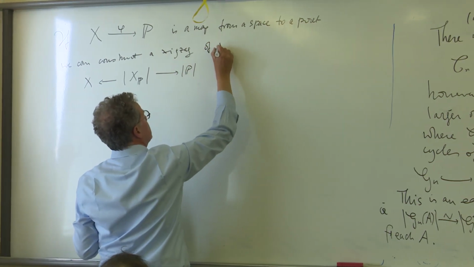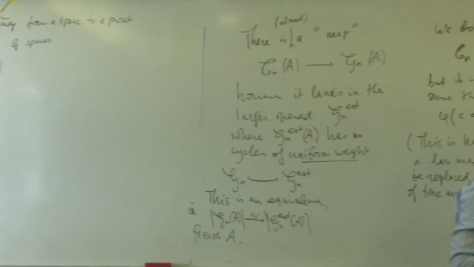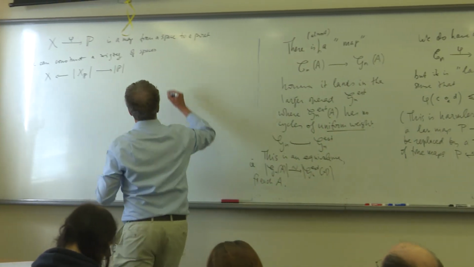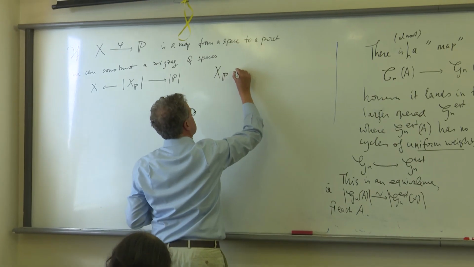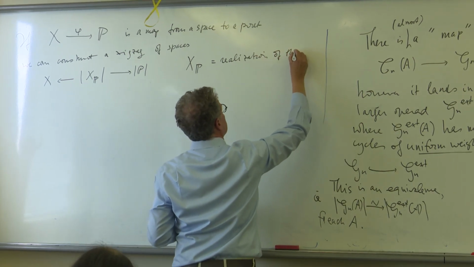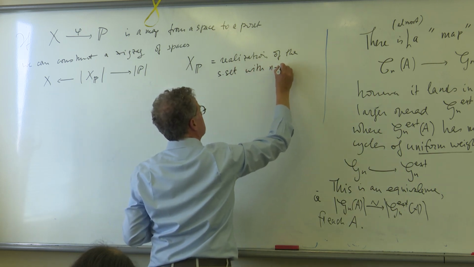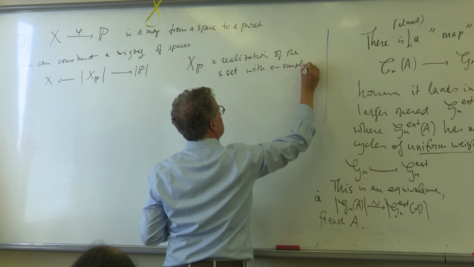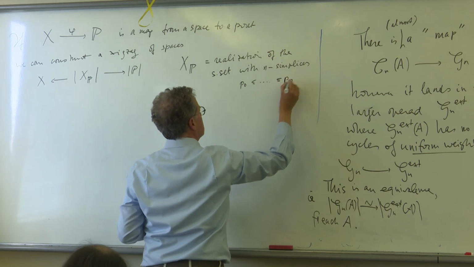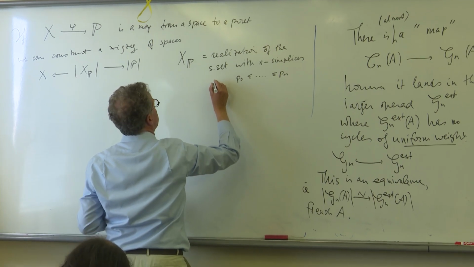So |P|, the absolute value, I already told you but didn't write it down, is the realization of the nerve of P, and X_P is something like it. X_P is the realization of the simplicial set whose n-simplices are: you take something in the nerve of P that looks like this, and you pick a point.